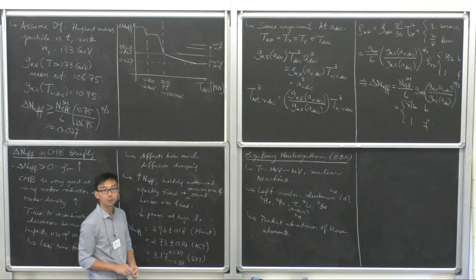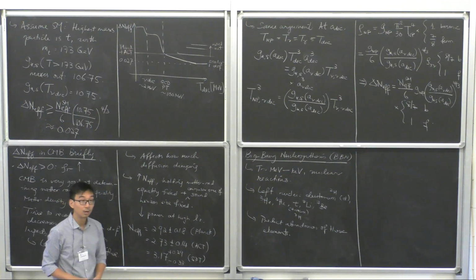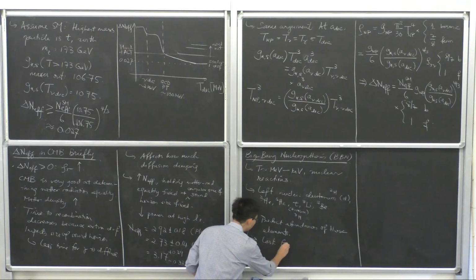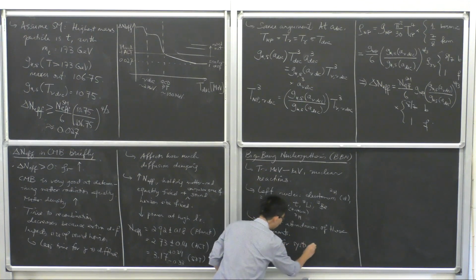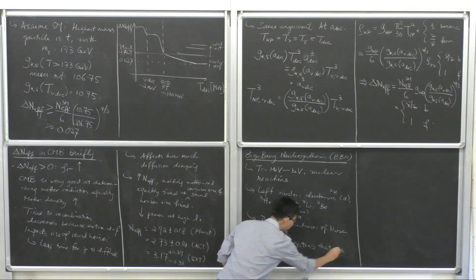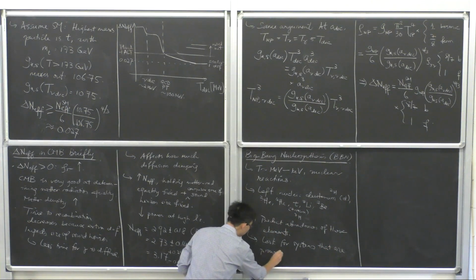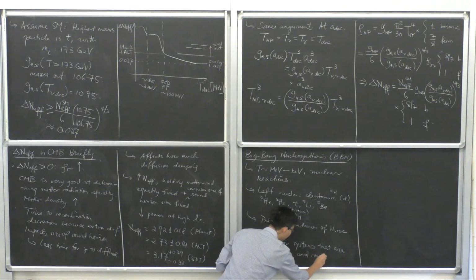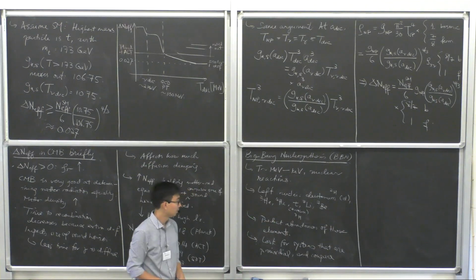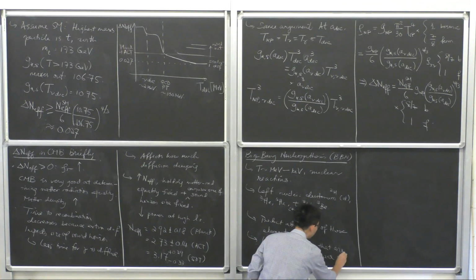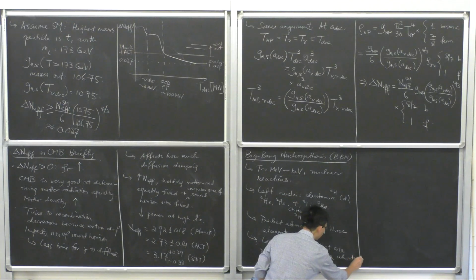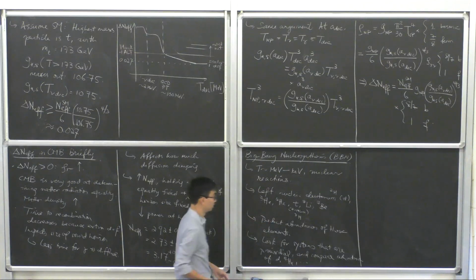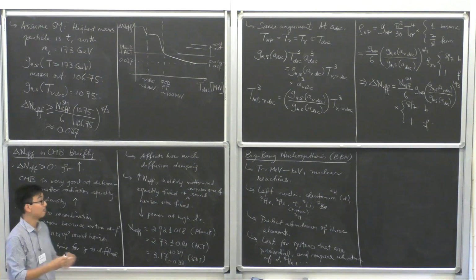Okay? And then what you can do is look for systems that are primordial, and compare the abundance of D, of helium-4, and so on. Okay, so that's the goal.